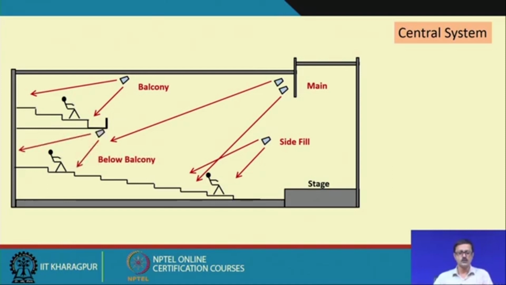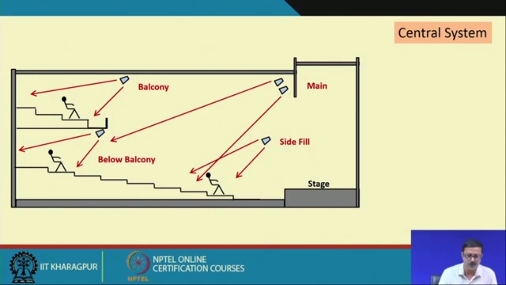And then this may also not be adequate, so you have to go to the rear part, and the rear part may require special attention from the balcony. Of course, you have to give another cluster in the balcony just to take care of the balcony. You have to see what the sound level is here and what the actual output sound level will be here with respect to this, because if these two are mismatched, there will be some kind of hearing confusion for the people in the balcony.